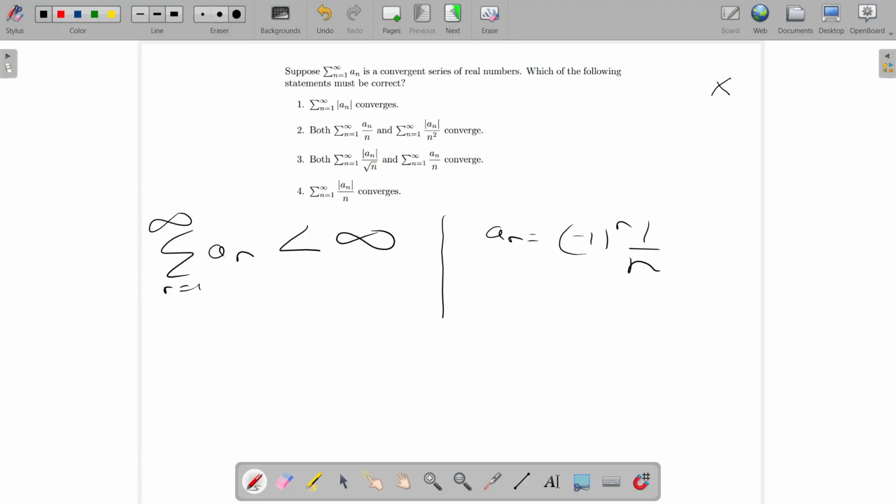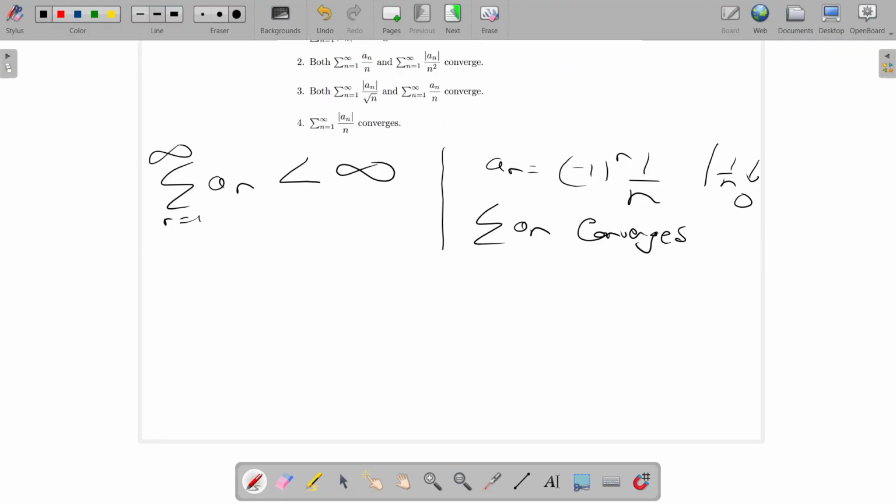By the Leibniz test, the summation of a_n converges, because 1 by n is monotonically decreasing and it tends to 0. But the summation of mod a_n is not convergent. This is pretty famous, not convergent.